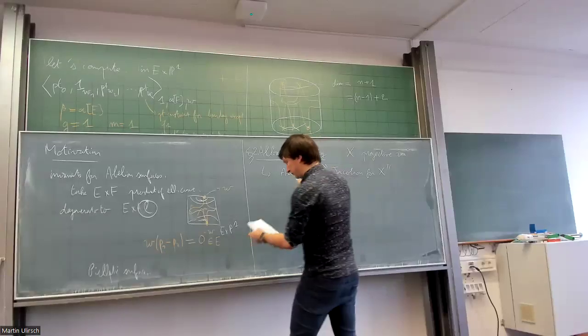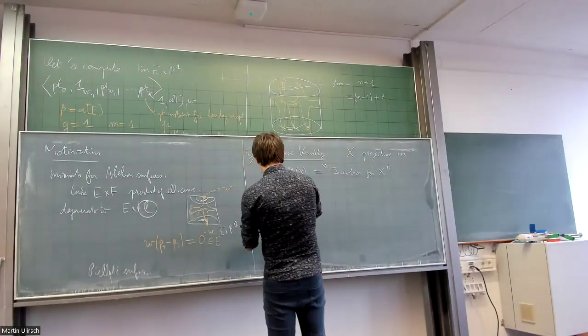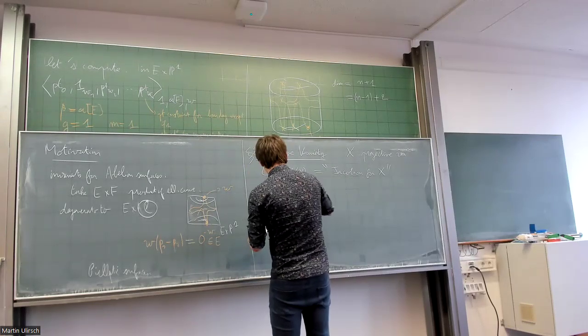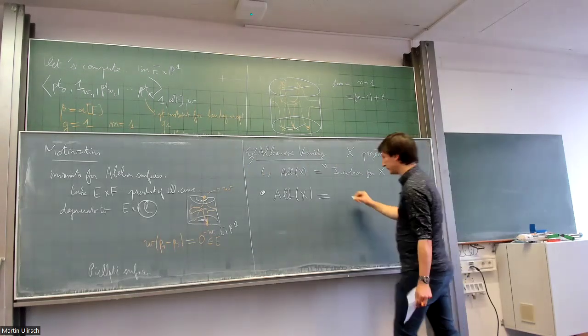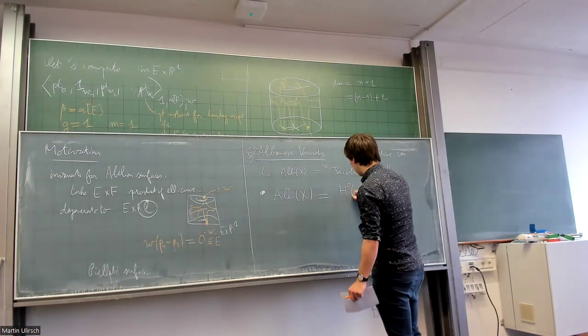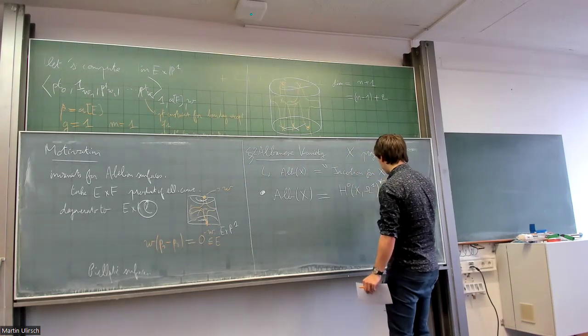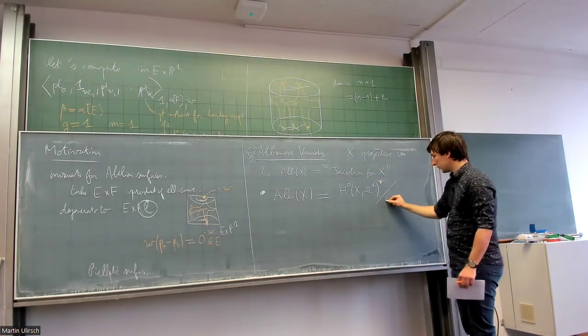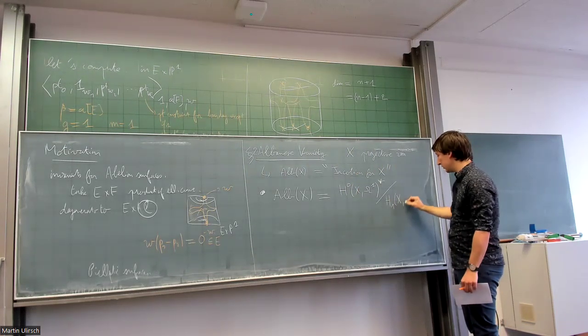How is it defined? The most explicit definition is you take the dual of the space of holomorphic one-forms and you quotient by the lattice of one-cycles.